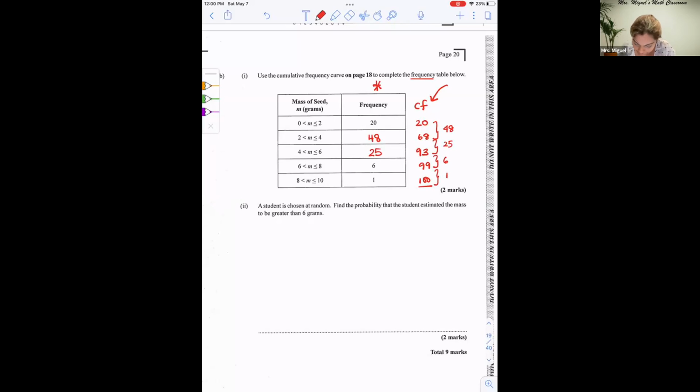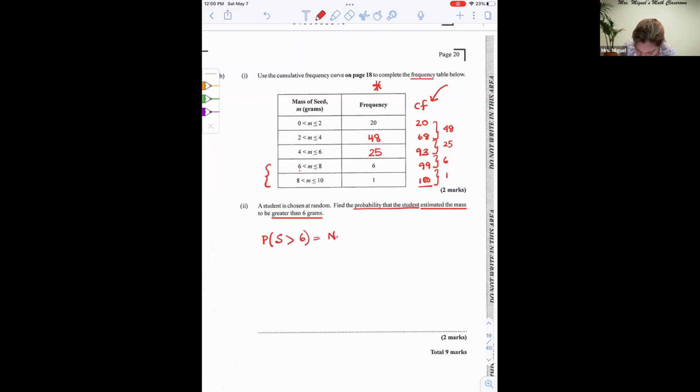A student is chosen at random. Find the probability that the estimated mass is greater than 6. So M is greater than 6. What we want is the probability that a student has a mass greater than 6.